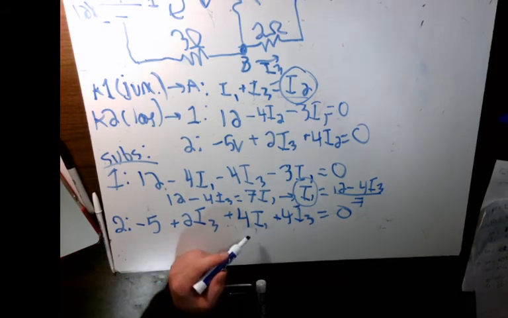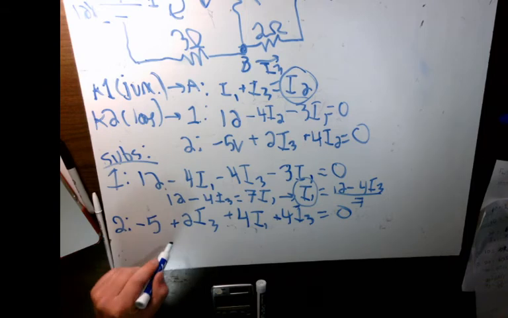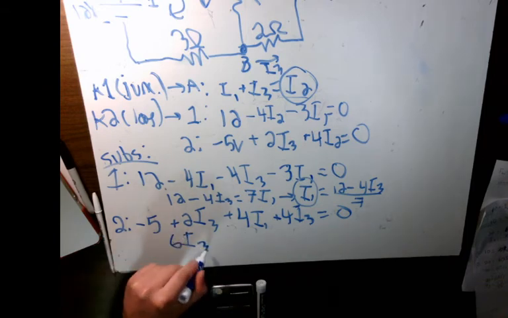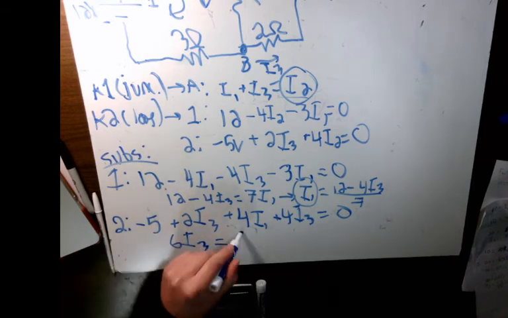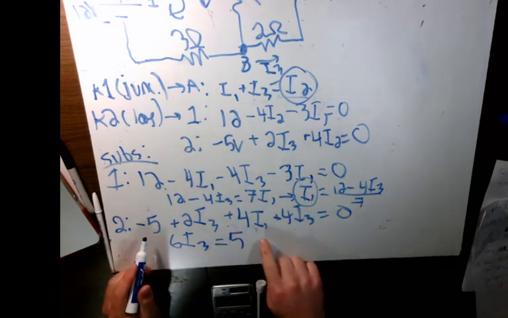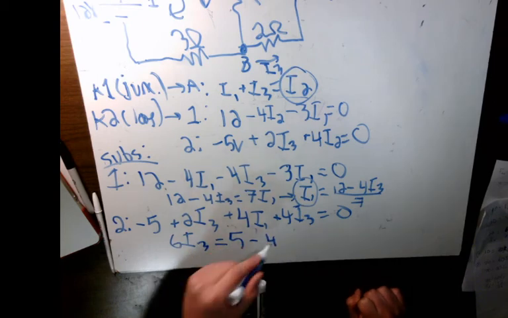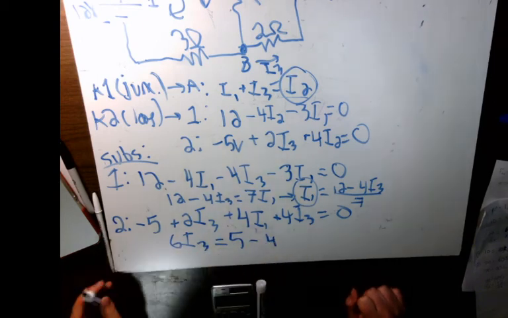So 2 plus 4, we get 6 I3 on this side. We've got positive 5 and negative 4 I1.